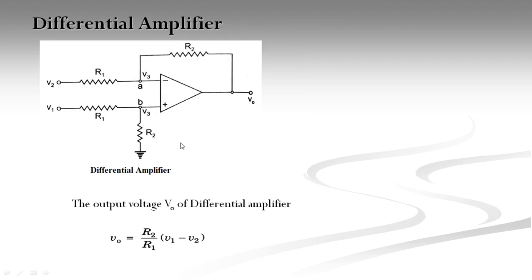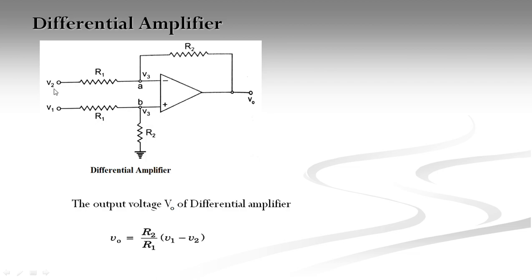And the next feedback circuit is called a differential amplifier circuit, where the input is applied to both terminals of the operational amplifier. Here, V1 is the voltage applied to the non-inverting terminal, that is the positive terminal of the op-amp, and V2 is the voltage applied to the negative terminal, and we have applied negative feedback. So the output voltage V0 for this differential amplifier is given by the feedback resistor divided by the input resistance, that is R2 divided by R1, times the difference between the two input voltages, V1 minus V2. So a differential amplifier is nothing but an amplifier that amplifies the difference between two input voltages.